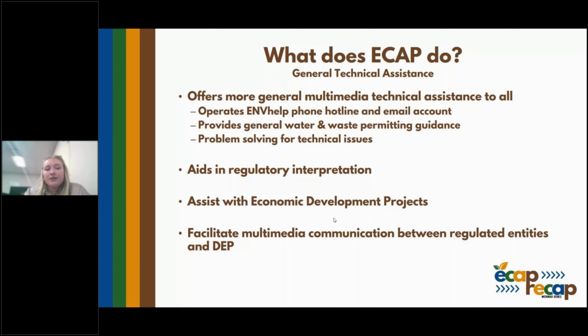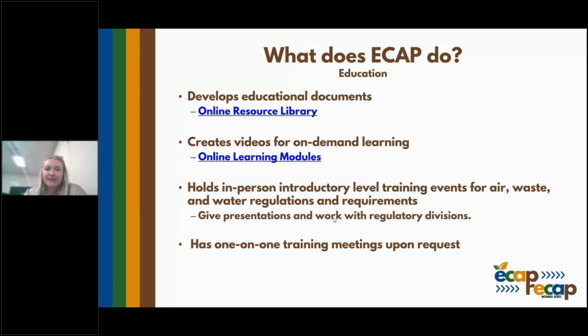And then we also can assist with new economic development projects, helping individuals identify potentially applicable permits, because we all know that that's sometimes hard to do. We can help companies new to Kentucky get into meetings with the different divisions within our department all at once, rather than just going through them each individually as well.